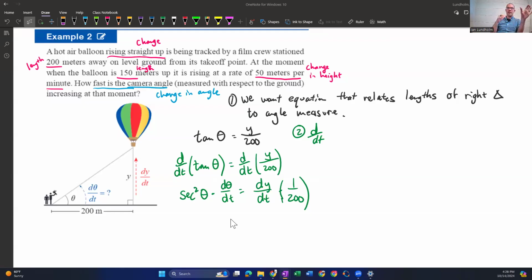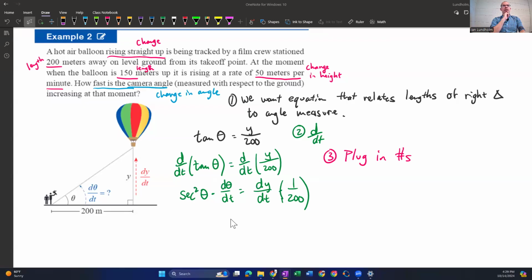We had a chain rule on the left-hand side because we had theta inside another function. But so far, so good. We took the derivative. Now, if we've done this correctly, we should be able to plug in numbers. What do we got?